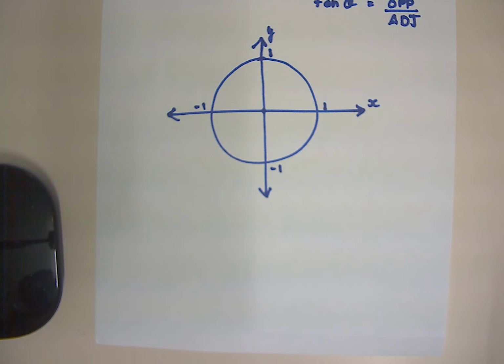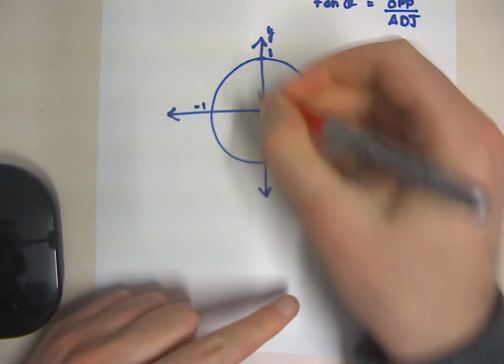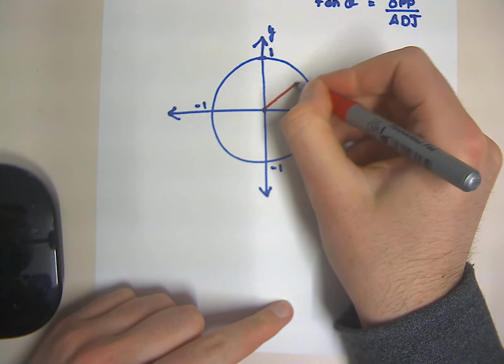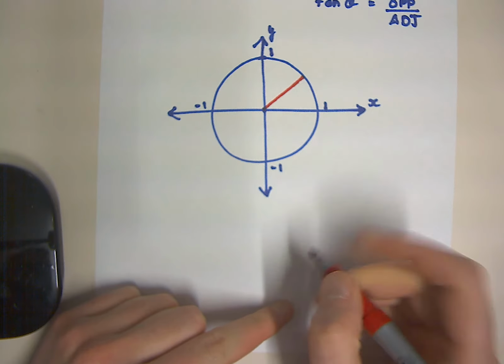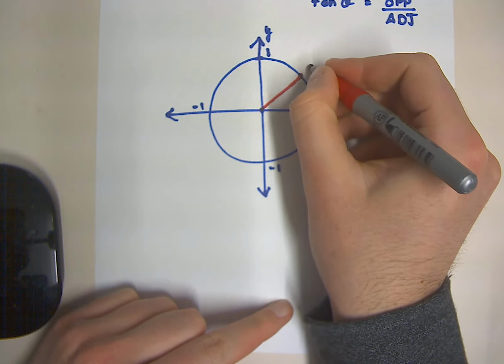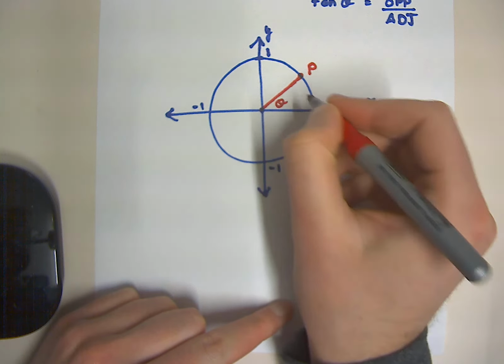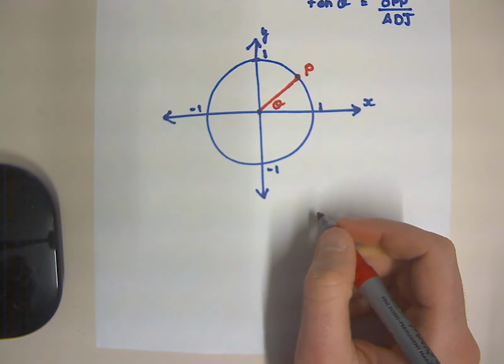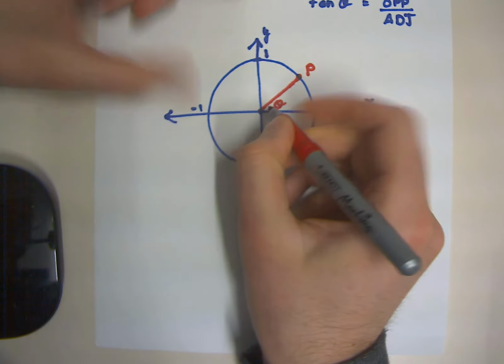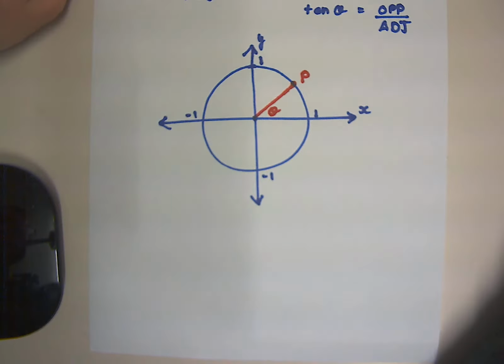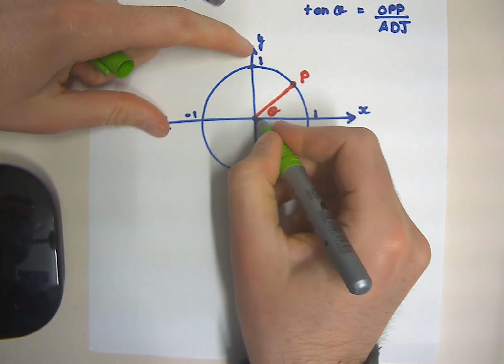Now, if I draw a particular angle, and I'll do this in a different color, if I draw a line from the center to some point here, which we'll call P, then that forms an angle between the positive x-axis. Now, the positive x-axis very simply is here.